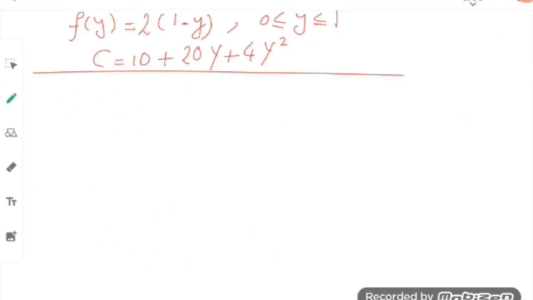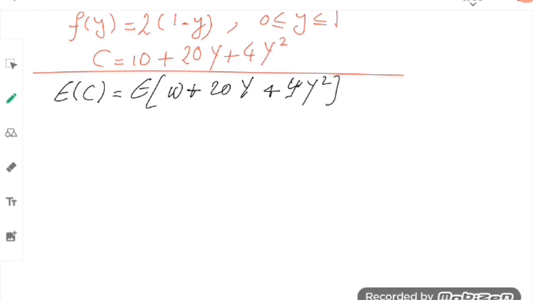Here, to find the expected value of C, this means to find the expected value of 10 plus 20y plus 4y to the power 2. So we need to find 10 plus 20 times the expected value of y plus 4 times the expected value of y to the power 2. So we need now to find the expected value of y and the expected value of y square.